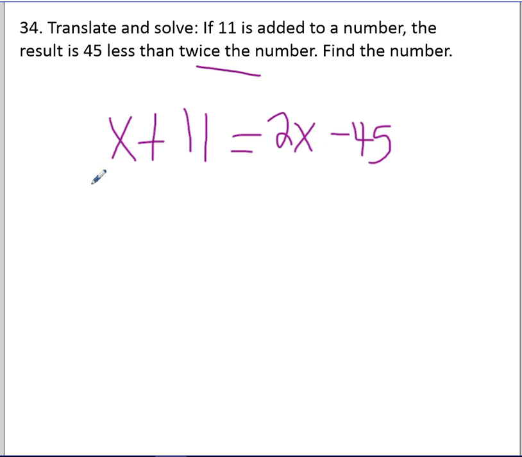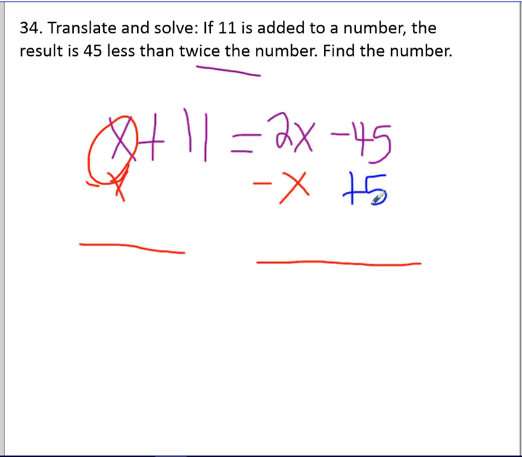Nothing to combine on either side, so let's go ahead and subtract our single x from both sides. So we'll move our x's to the right. And that means our 45 we need to zero out because it's not an x. So we'll plus 45 to both sides.